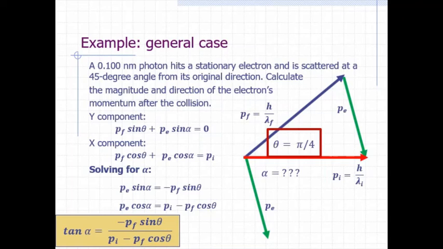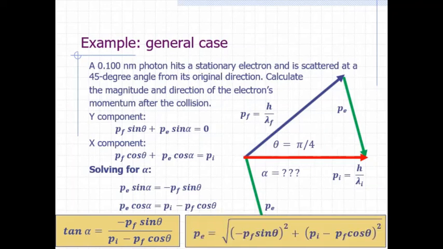If we can calculate tangent alpha, we should be able to calculate alpha itself using the inverse tangent or arctangent function. Finally, we can calculate the magnitude of the electron's final momentum as the square root of the sum of the squares of the components. Here's the y component, and here's the square of the y component, and here's the x component, and here's the square of the x component.